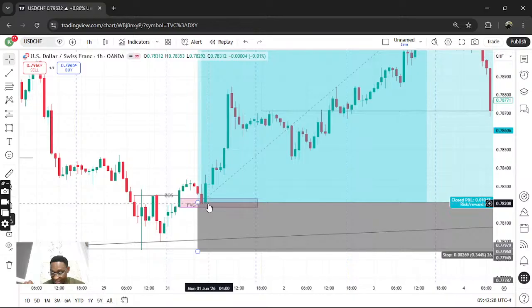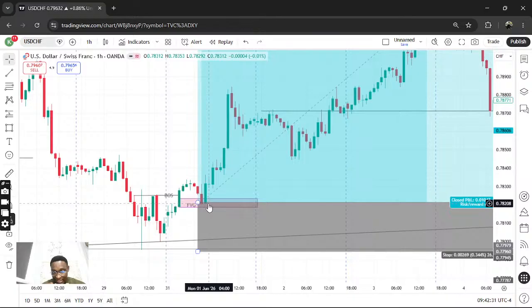If you go to my channel, go to my stories, you will see this particular trade. I entered it and boom, targeting this particular order block or this particular one, because close to this other block there is a fair value gap.